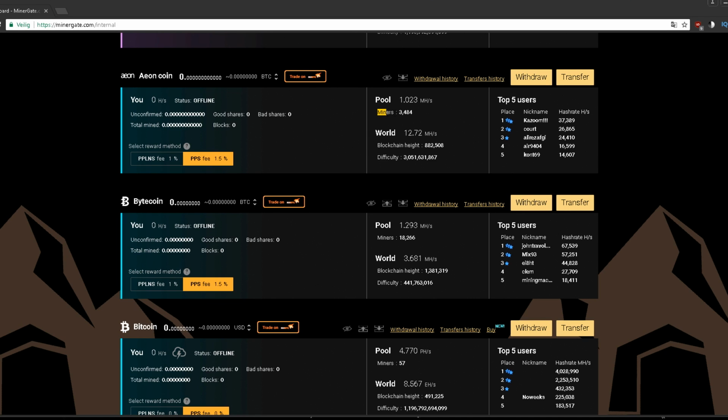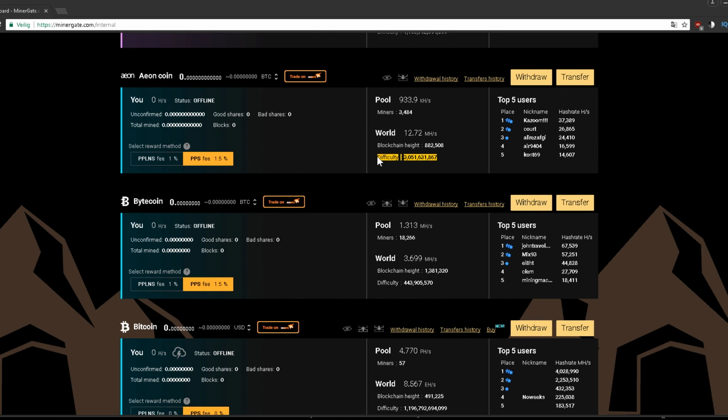Here you can see the miners active for Ian Coin. Here you can see again the world hash rate, blockchain height, and difficulty of the currency that you're mining. Difficulty is important to know.